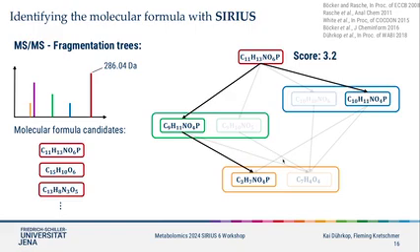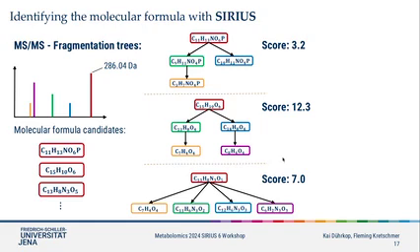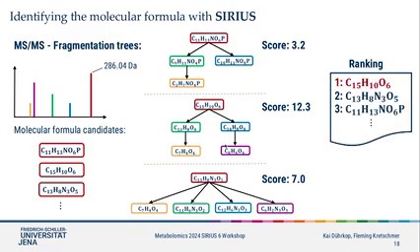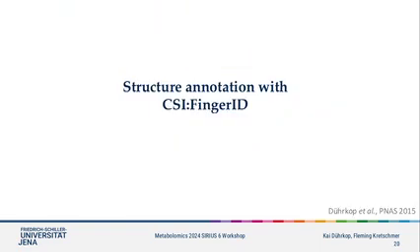And we do so for each parent mass. Hopefully the tree that has the best explanation for the data, so the highest score, is then also the correct one. So we use that to rank the trees. And the score in the end is then added to the isotope pattern score and gives you the final score for the molecular formula. So that's just the molecular formula notation.